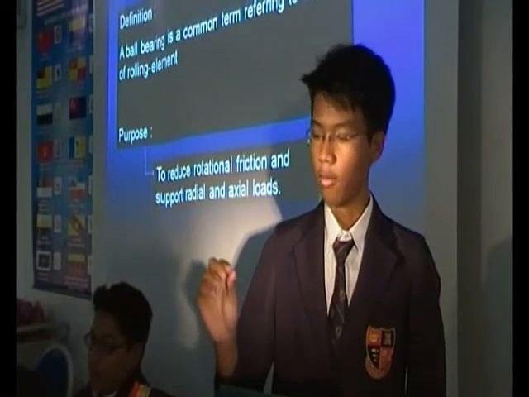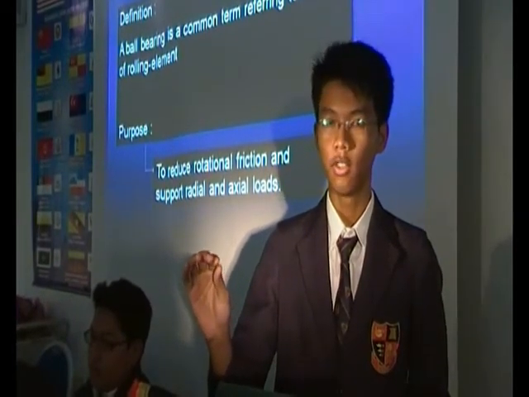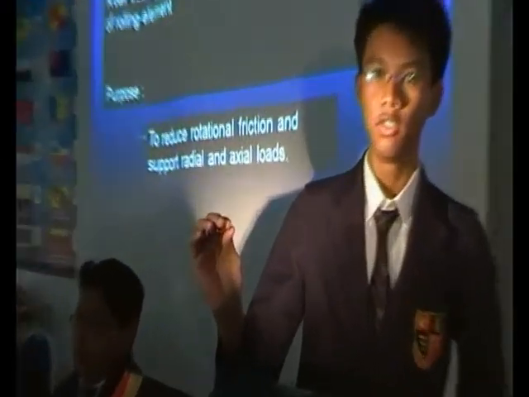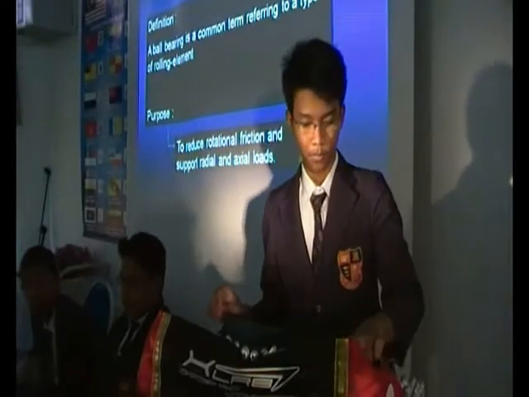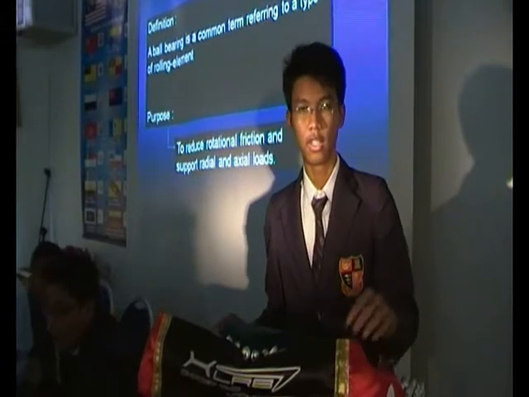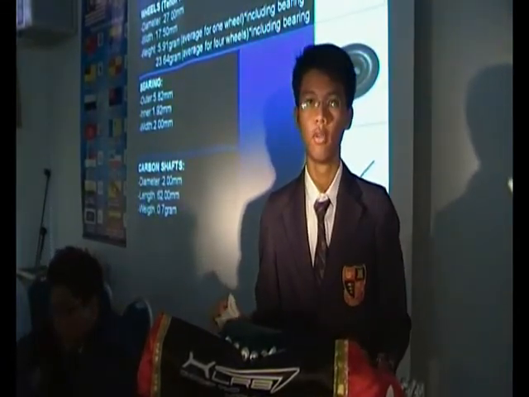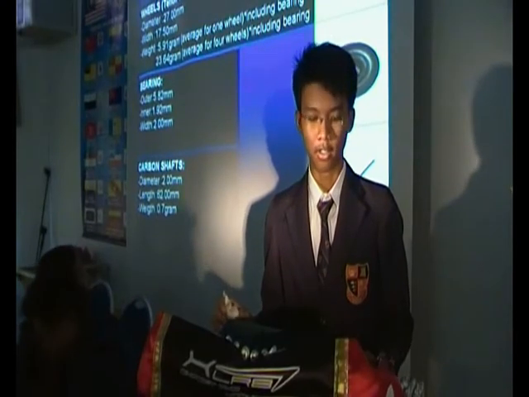Ball bearing is a common term referring to a type of rolling element. Ball bearings are used to reduce rotational friction and support radial and axial loads. For bearing specification, all bearings were measured and weighed along the process of car design.